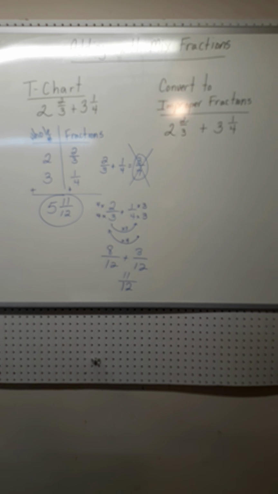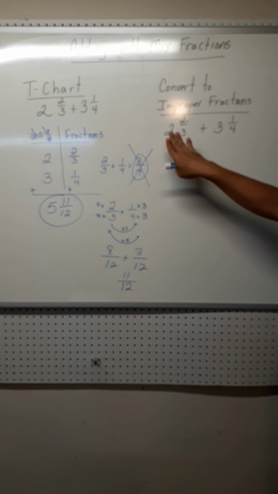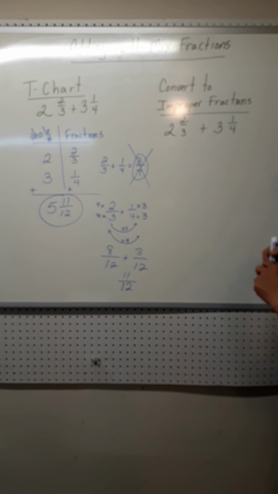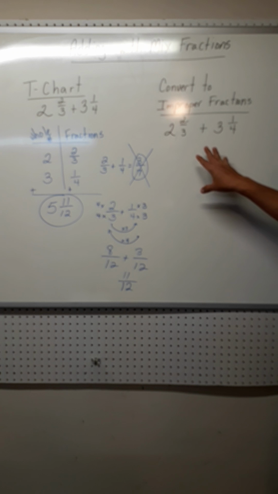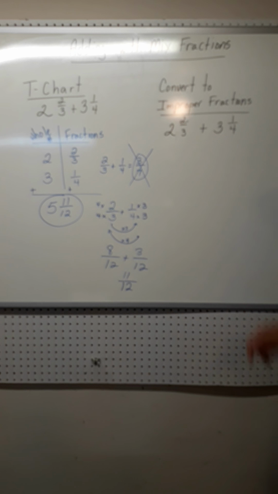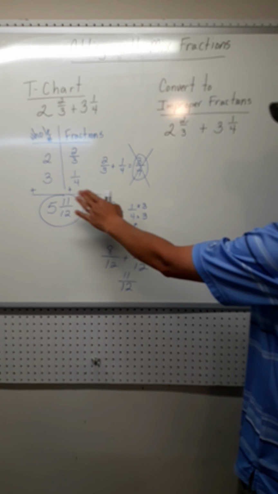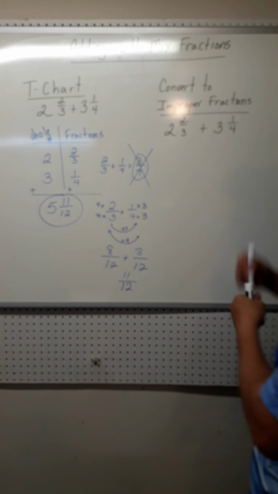I'm going to swing over to the other side. Now I'm going to convert this mixed fraction to an improper fraction first. It's just a little bit longer because you have a little more calculation to do, but it'll still obtain the same answer, 5 and 11/12.